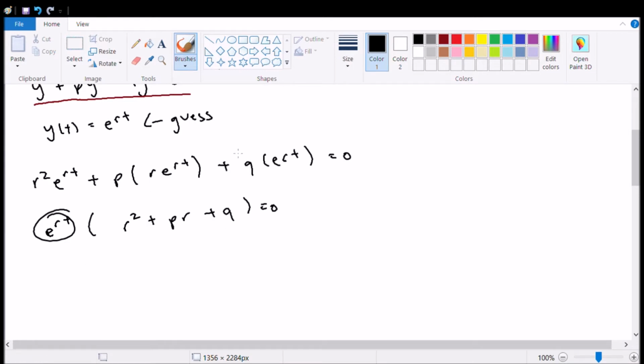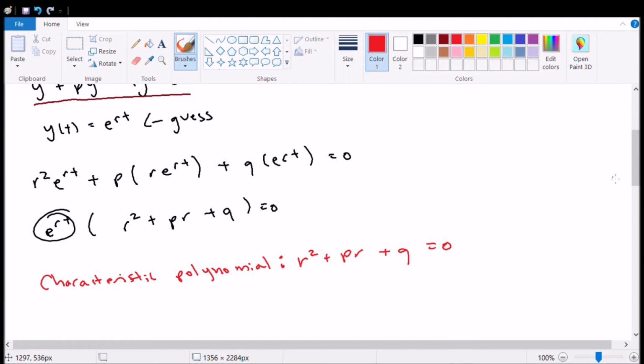And so what this is actually called is the characteristic polynomial. The characteristic polynomial of homogeneous second order linear ordinary differential equations with constant coefficients is this r squared plus pr plus q equals 0.